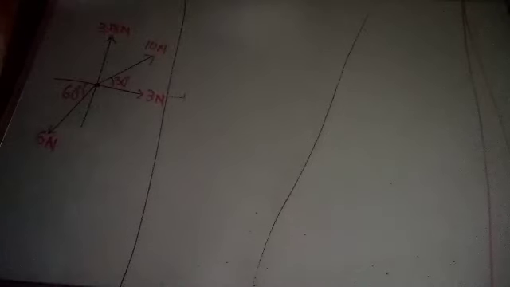The 10 Newton force is acting at angle 30 degrees with the horizontal line. This is the horizontal line. The 6 Newton force is acting at angle 60 degrees with the same horizontal line. While we have 3 Newtons on the horizontal exactly, and 3 Newtons on the vertical exactly.